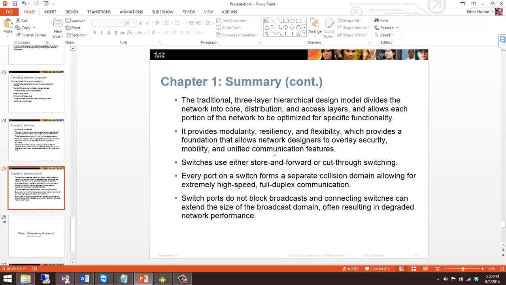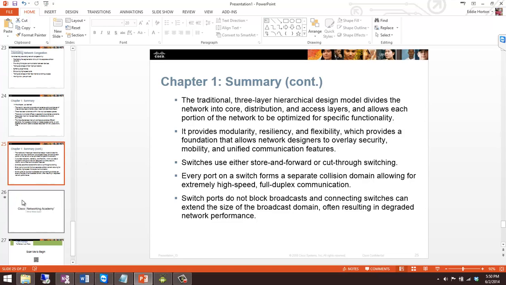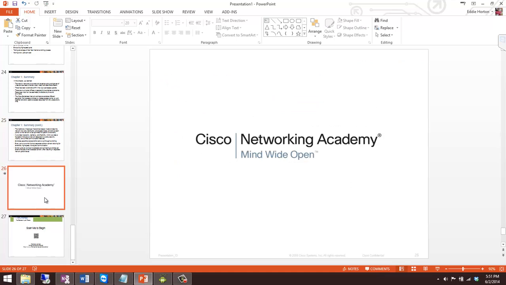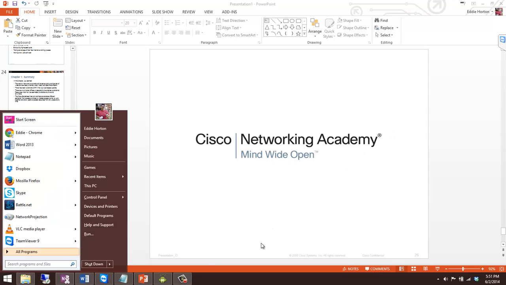Every port on a switch forms a separate collision domain, allowing for high-speed, full duplex communication. Switch ports do not block broadcasts by default, however. So that is a rundown of Chapter 1.